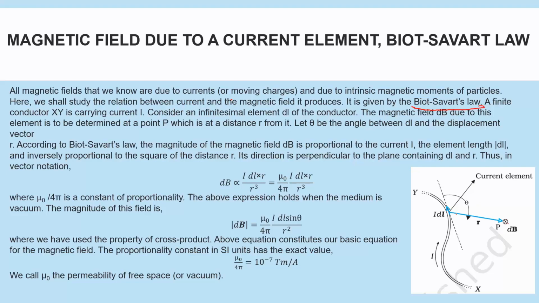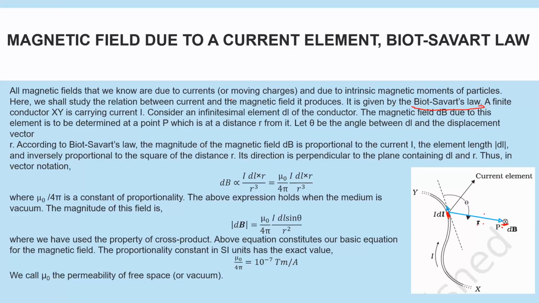We want to understand what is the magnetic field due to this line element at the point P, which is at a distance r from the current carrying wire. Theta is going to be the angle between the line element dl and the displacement vector.